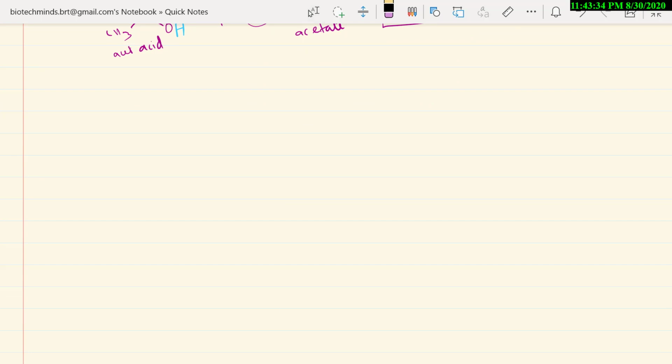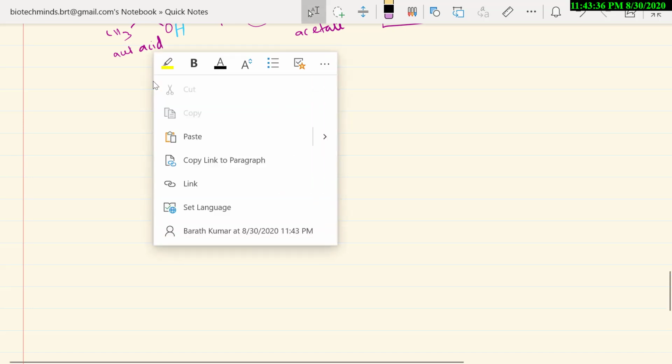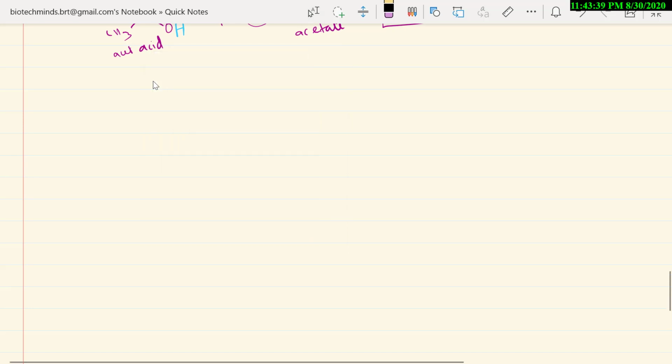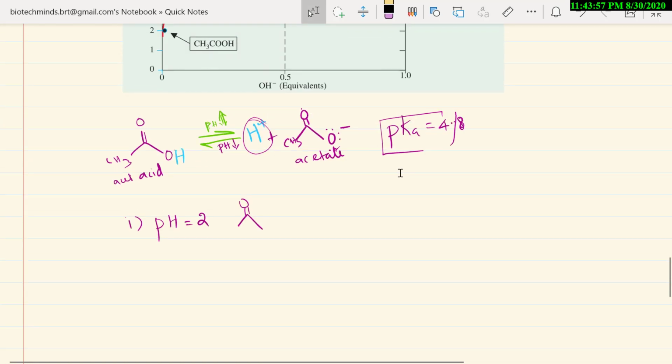For example, consider the pH is 2 now. I told you that at the equivalence point, if the pH and pKa have the same value, 4.8, then it will form a buffer. Now I am telling the first condition, that pH equal to 2. Now what will happen? Originally, at the pKa value, what is the sign that is present here?